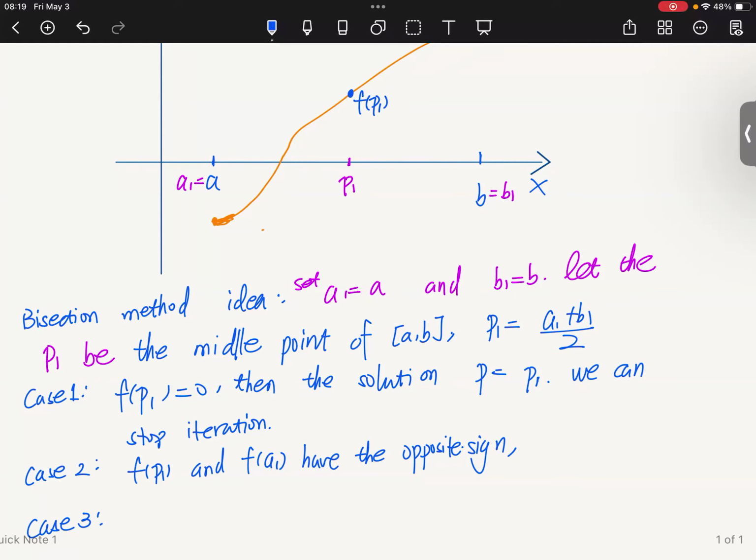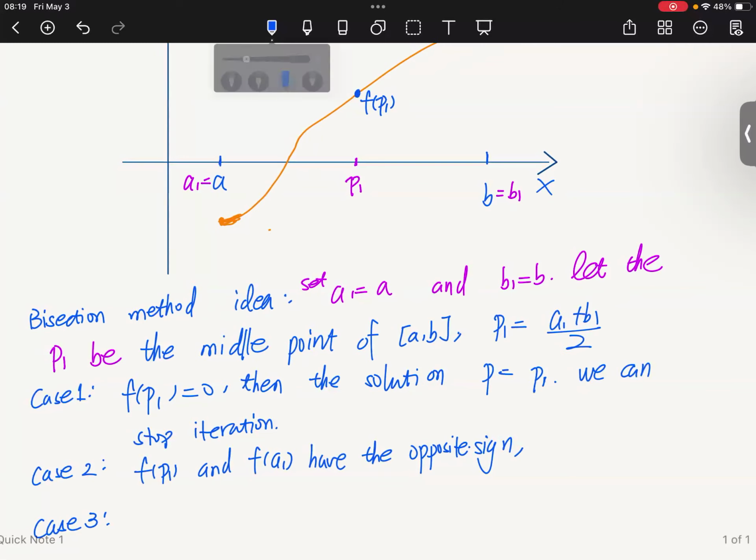So this is the case 2, and we said what we are going to do for this case: we set the A2 to be the A1, and the B2 to be the P1. And so this is the new interval here, A2, right? And then this one would be the P2 in this case.